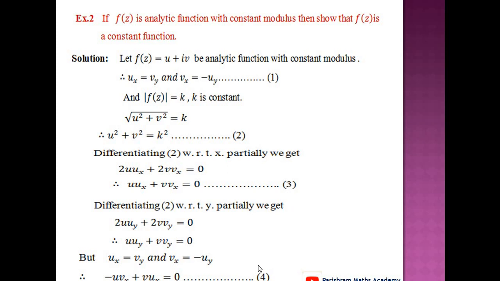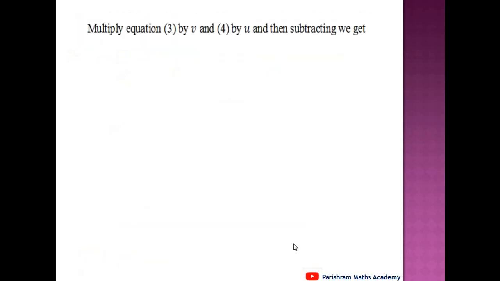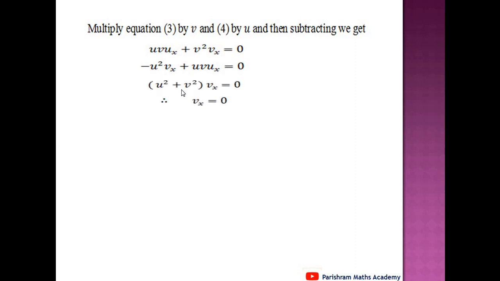Then we solve equations 3 and 4: multiply equation 3 by v and equation 4 by u, and then subtract. Multiplying equation 3 by v, we get uv ux + v squared vx = 0. Multiplying equation 4 by u, we get -u squared vx + uv ux = 0. On subtraction, these two terms cancel, and we get (u squared + v squared) vx = 0.